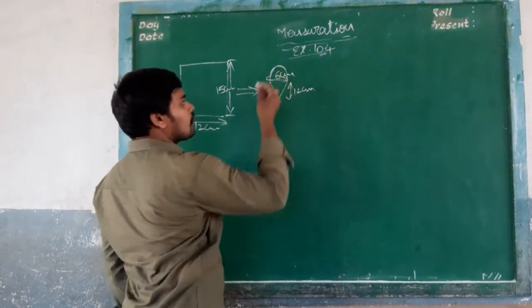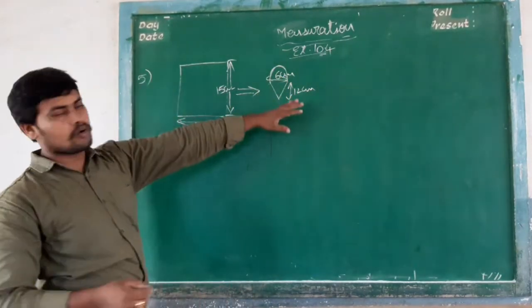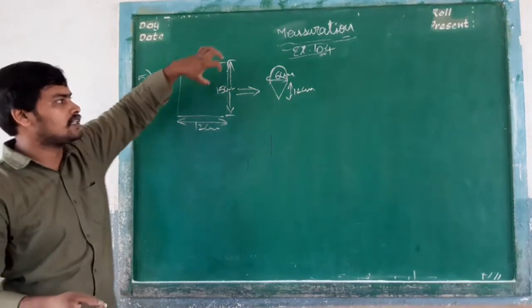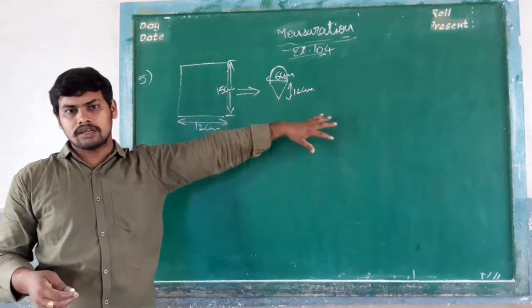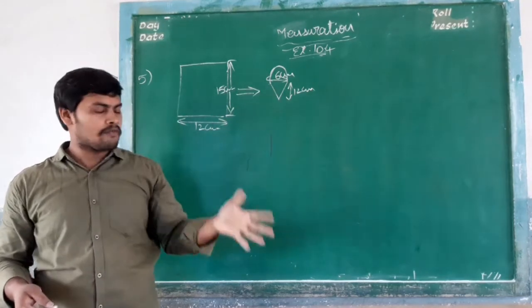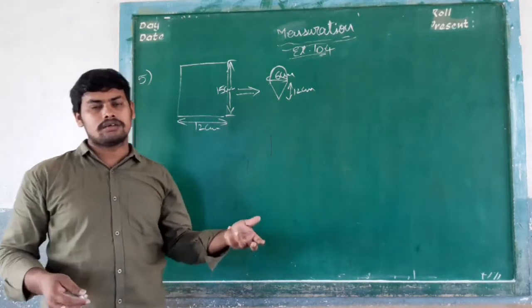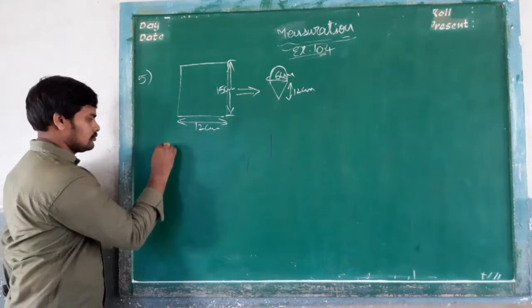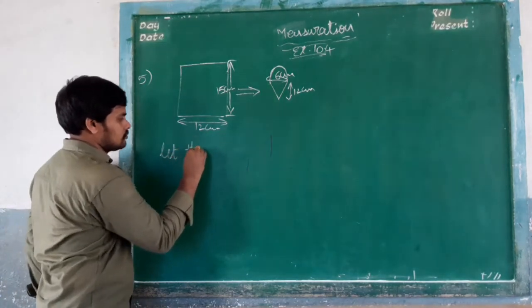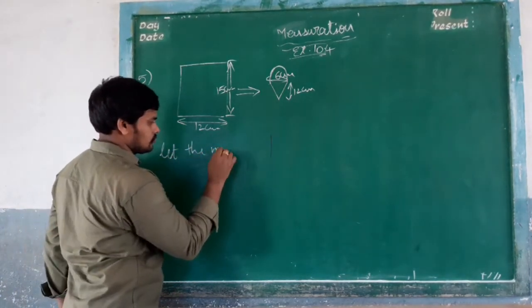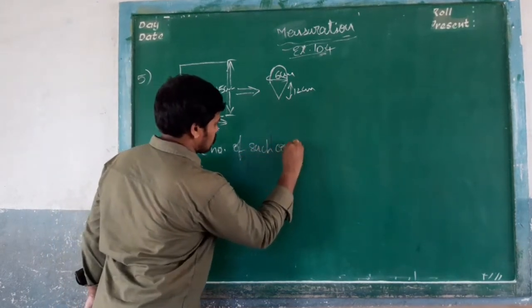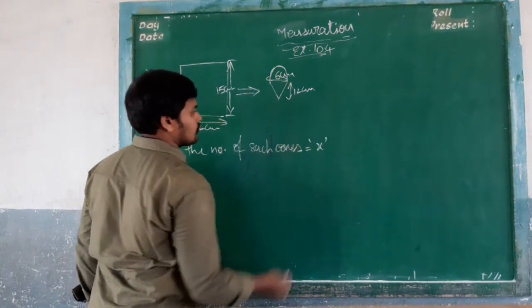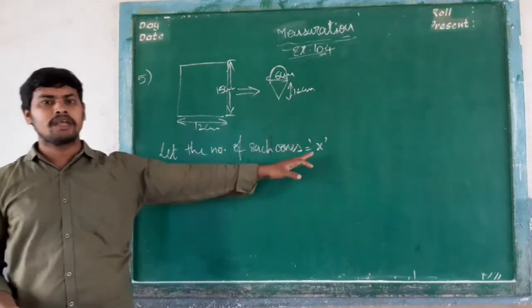So the volume of the cylinder is equal to that of the cones, but we don't know how many cones with hemispherical tops there are. So let the number of such cones be x.